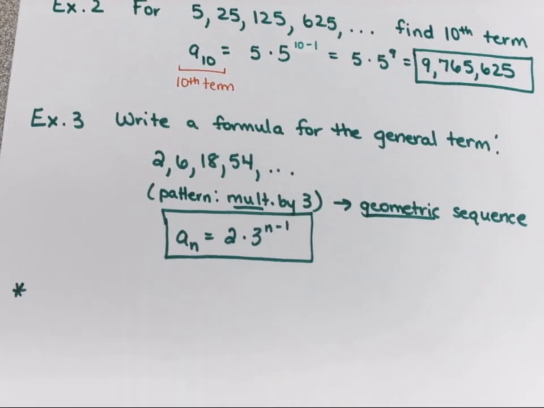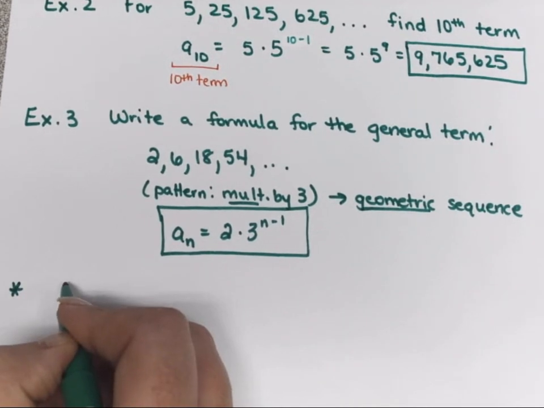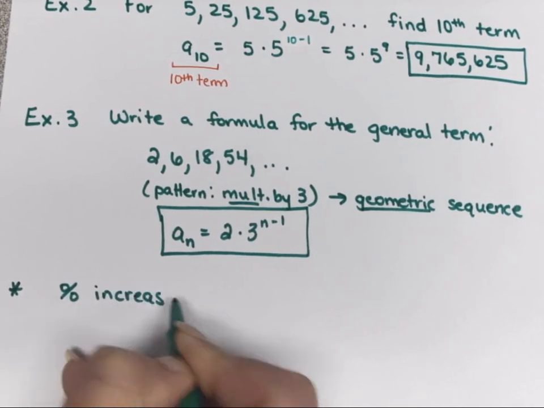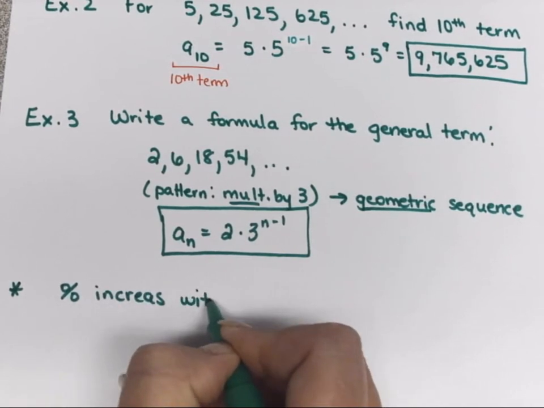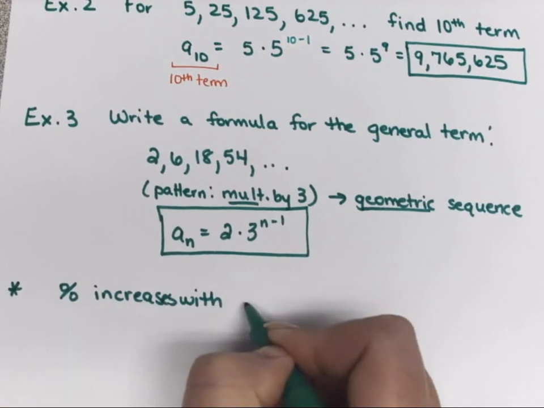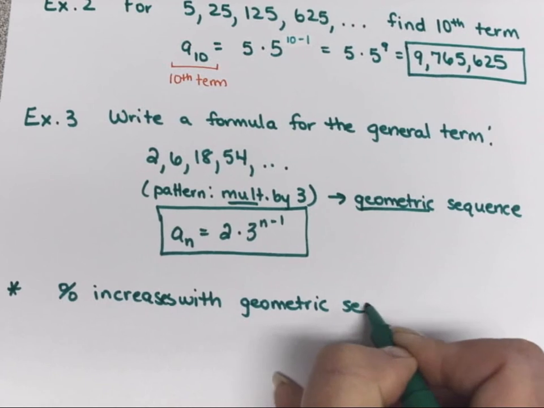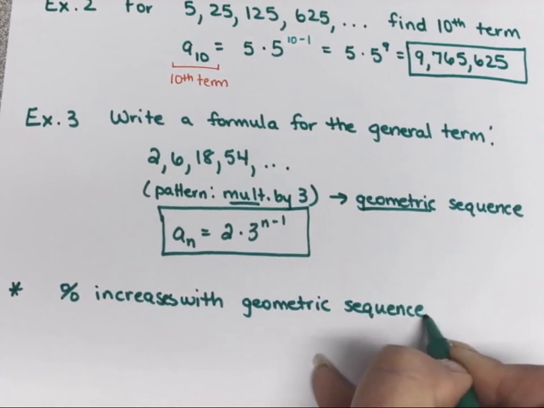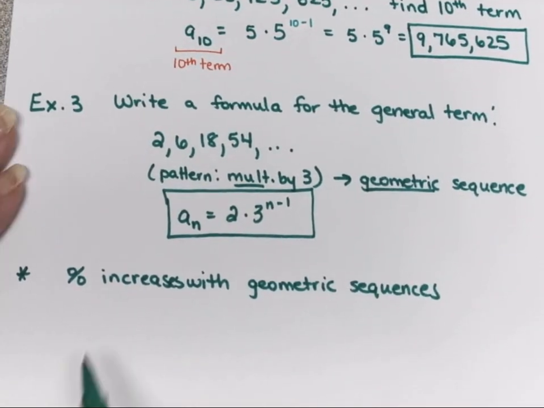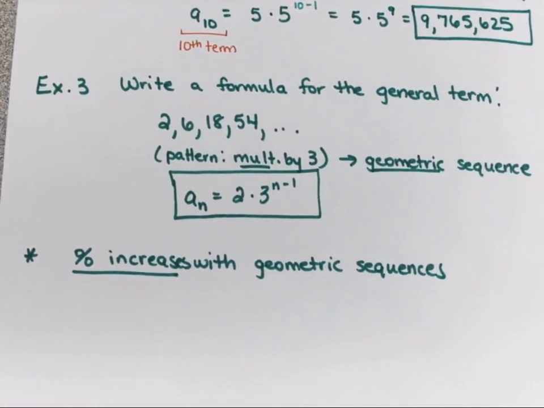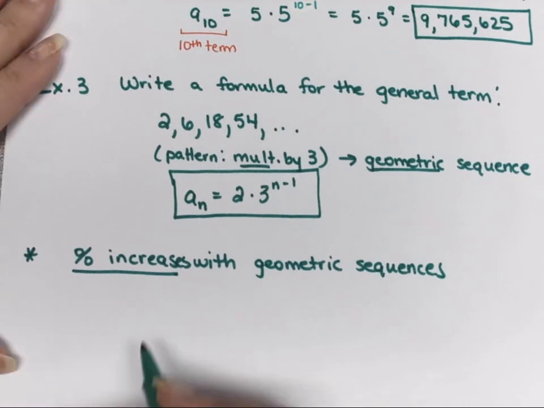Okay, so last thing I want to talk about, because this is going to be on the review, I want to make sure that we know how to do percentage increases with geometric sequences. So some things increase not by the same amount every time, but by a percentage rate.